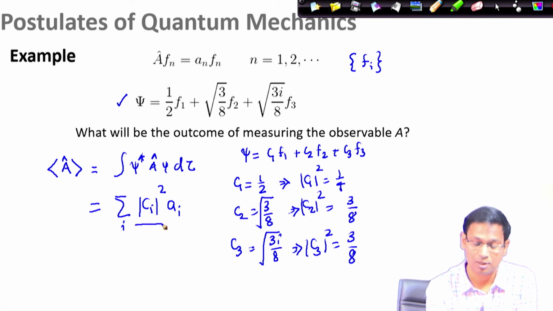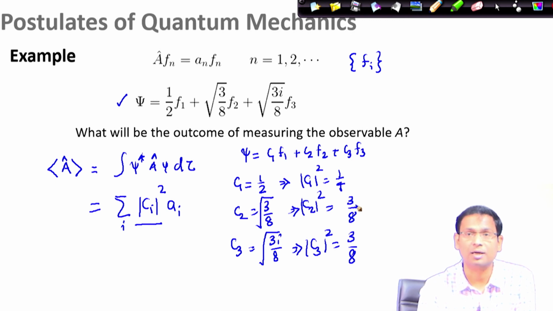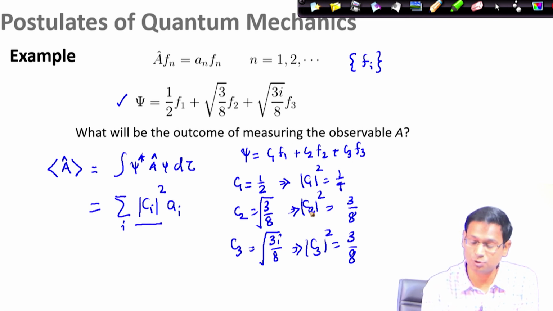That means I would get 25% of the time a_1, which is the eigenvalue corresponding to the eigenfunction f_1. 3 by 8 roughly comes out to be 37.5%, and again 37.5% of the time I will observe a_2, and 37.5% of the time I would observe the eigenvalue a_3. So, c_1 squared, c_2 squared and c_3 squared give me an idea about the probability of finding the eigenvalues a_1, a_2, a_3 and so on.